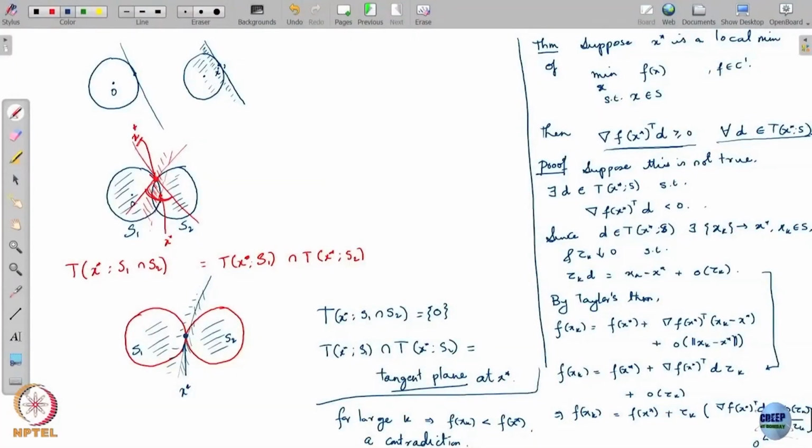But the problem that we encounter is that often our sets are defined using the intersection of multiple sets, and we do not know how to get to the tangent cones of the intersection. Okay, so that is the next thing we need to overcome, and then we will be able to write out optimality conditions for optimization problems. Okay, so I will end here now.